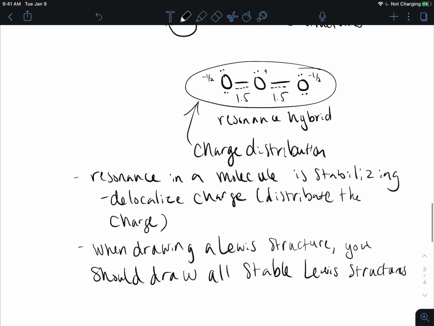So in this case, we have two Lewis structures, and they're both going to be equivalent in stability. And you can always tell if something's equivalent in stability by looking at your formal charges.